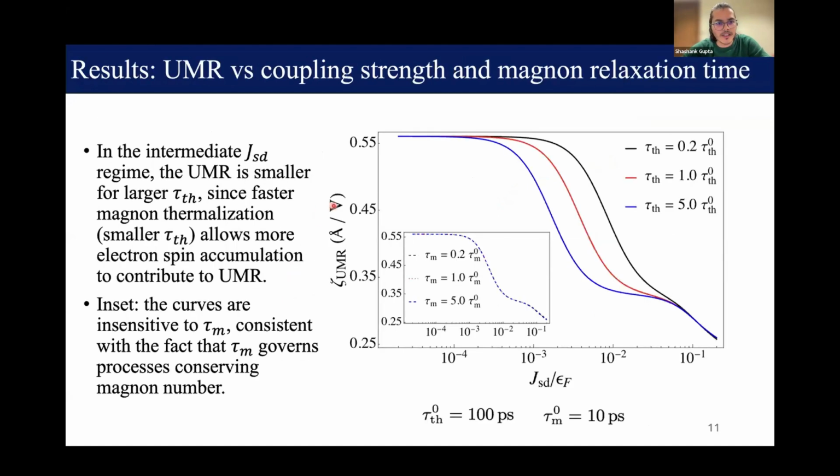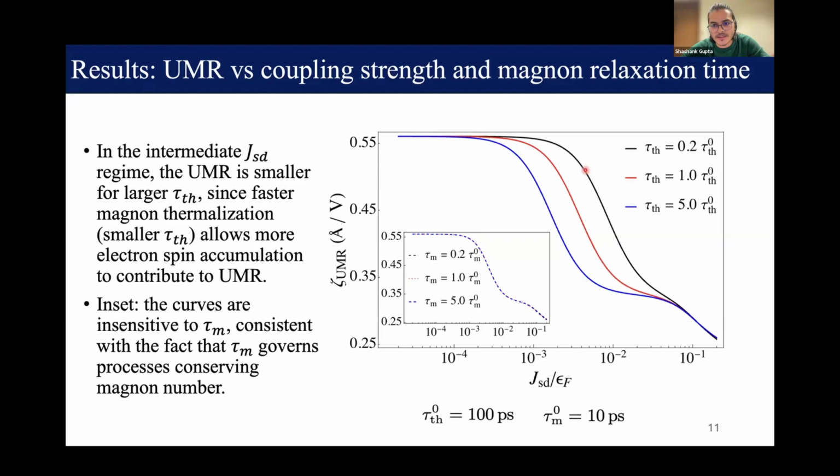Then we look at the behavior of UMR as a function of coupling strength. It makes sense that when we increase the coupling, the UMR will decrease because spin accumulation will decrease. Here we have 3 distinct curves corresponding to 3 different magnon thermal relaxation times. When the thermal relaxation time is small, the thermalization is faster, so there are fewer magnons to interact with electrons, hence we have more UMR.